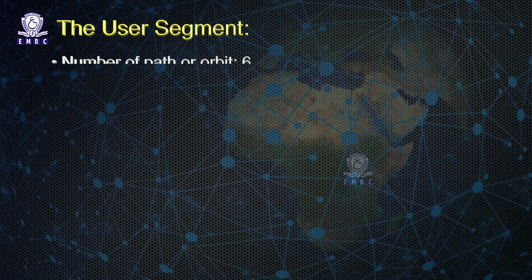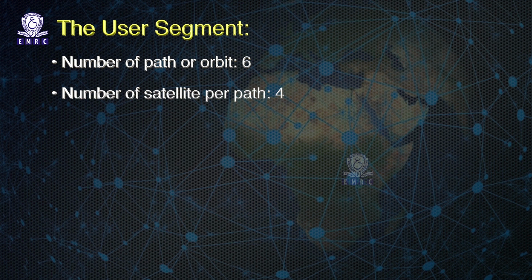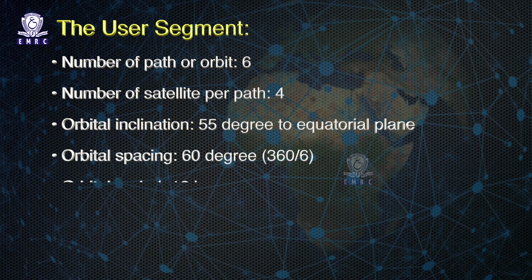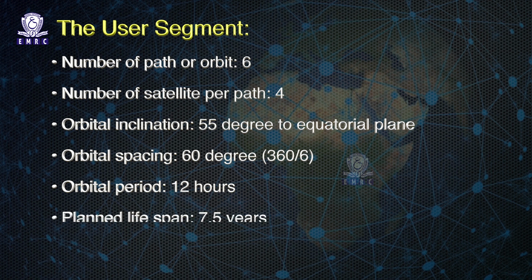The number of orbits is 6, and the number of satellites per orbit is 4. The orbital inclination is 55 degrees to the equatorial plane. Orbital spacing is 60 degrees. Orbital period is 12 hours. The planned lifespan of each satellite is 7.5 years.